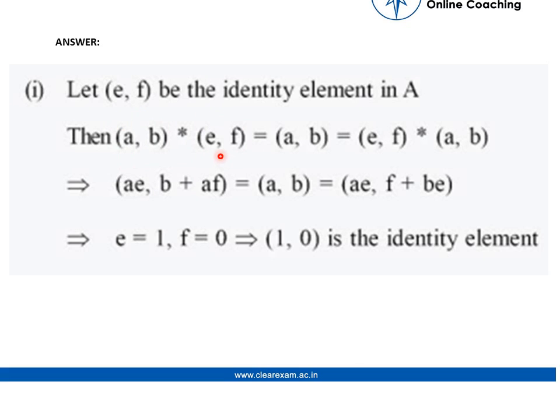So (a, b), we can assume this whole as a and this whole as b. So this should be equal to (a, b), and one of them is an identity element. Here after the proving part we can see that e is equal to 1 and f is equal to 0.